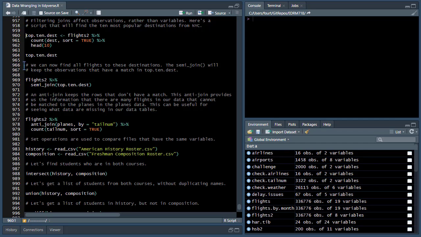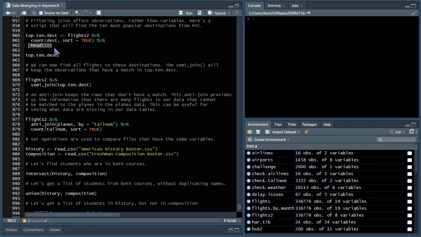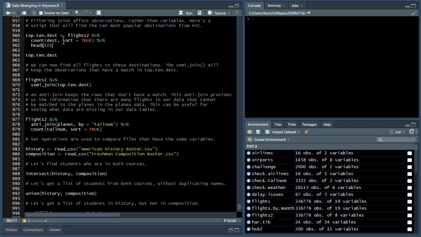We're going to count the destinations, sort those, and then get the top 10 destinations. Remember, head takes the first ones, and that's why I've sorted, so that we can get the top destinations right at the top.